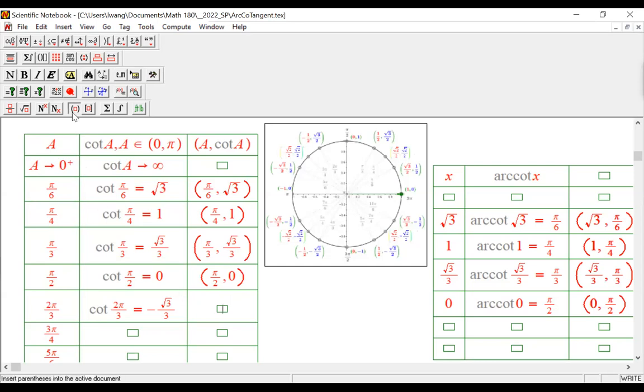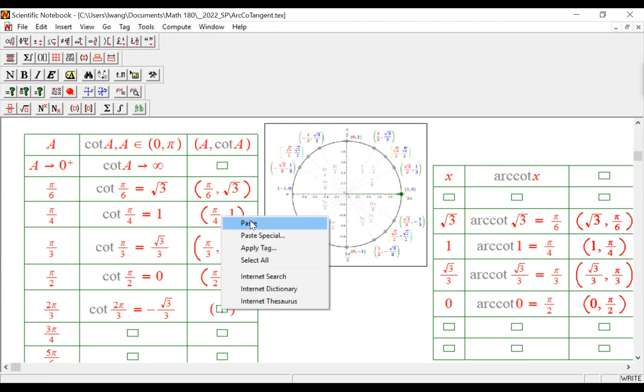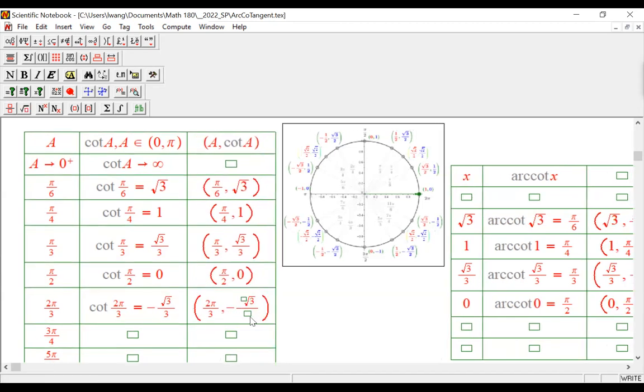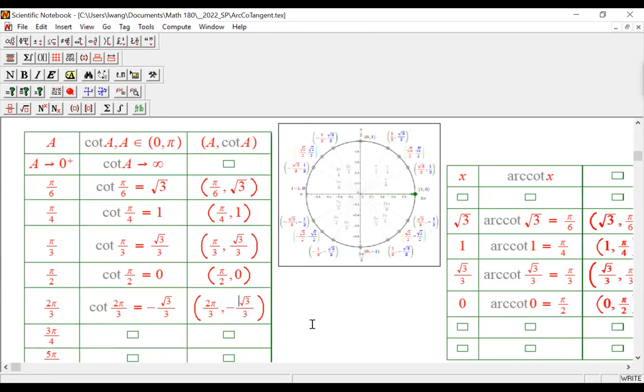Now we got another point. 2 pi over 3 is the input, the output is negative root 3 over 3. And we do that same thing all over again.